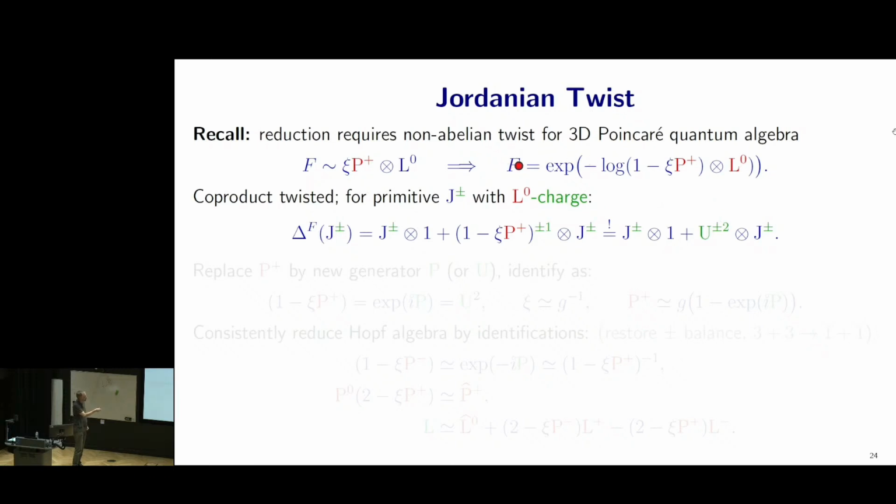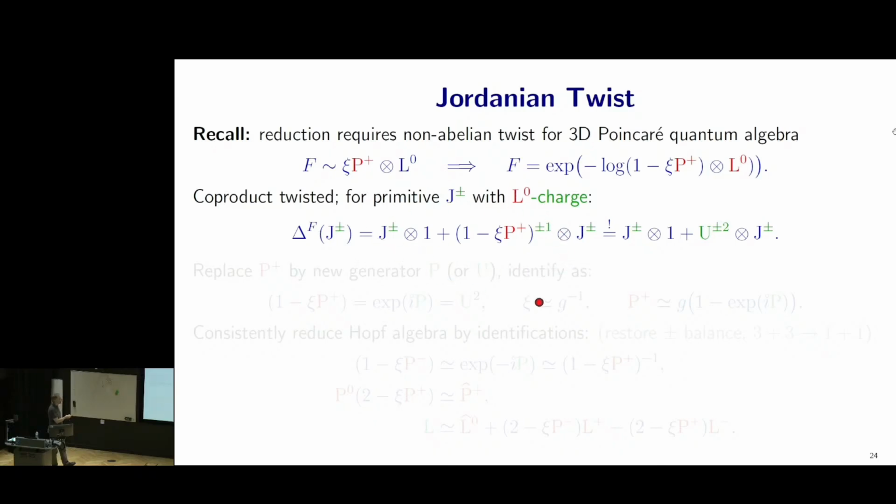And if you take the quantum version of that, it takes this form with an exponent of a certain log. Now you can apply this twist to the coproduct, and then you get the coproduct for generators. I've just taken some primitive generators. This might be L plus minus or P plus minus. If you just take that, you'll find that the coproduct twists to this form.